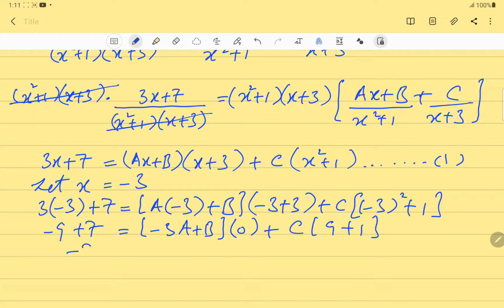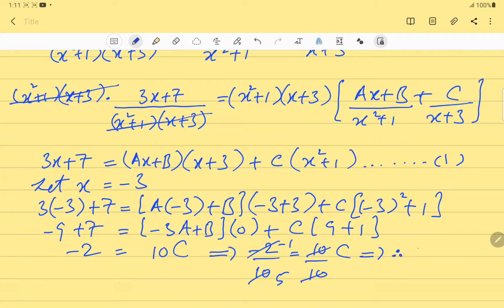So minus 2 is equal to 10c, and we divide both sides by 10. Minus 2 over 10 is equal to 10 over 10c. So our value of c is equal to minus 1 over 5.